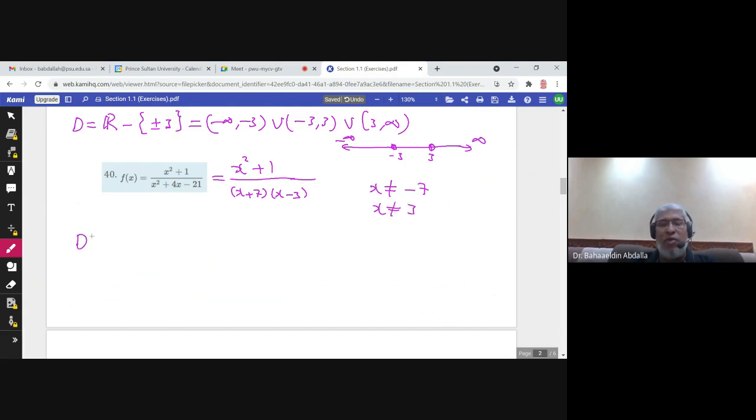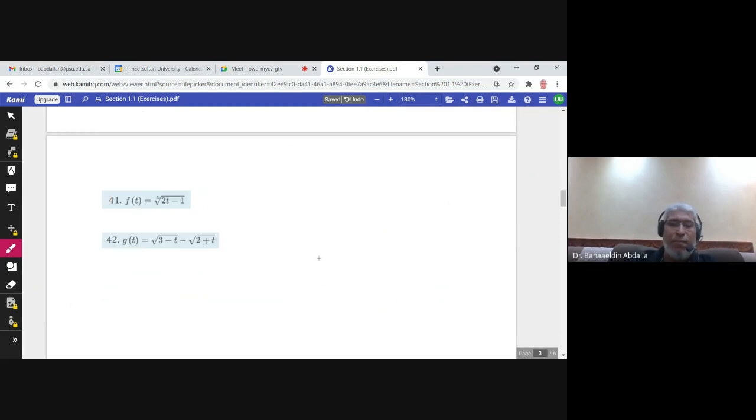So the domain would be from negative infinity to negative 7, union from negative 7 to 3, union from 3 to infinity, or you just say all real numbers except negative 7 and 3.